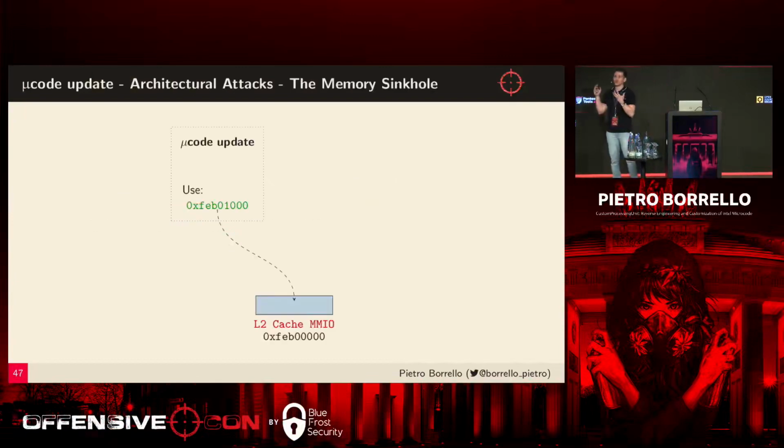What if we move to architectural attacks? What if we do some kind of attack like the memory sinkhole, which is a very interesting attack proposed by Christopher Thomas in a Black Hat session? The idea is, you have a victim memory area that you want to exploit somehow, and you have a very nice buffer inside the CPU memory address space, which is the APIC MMIO region.